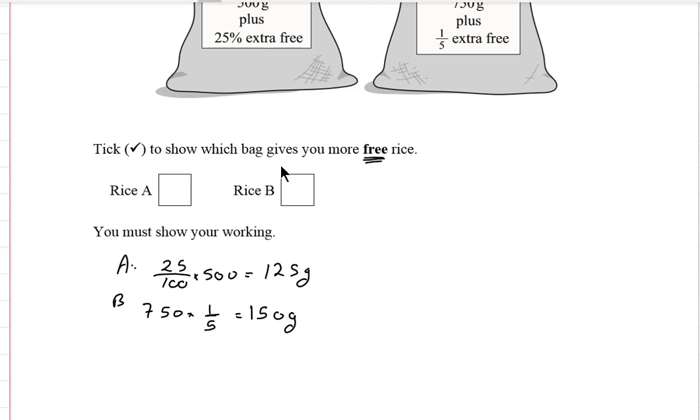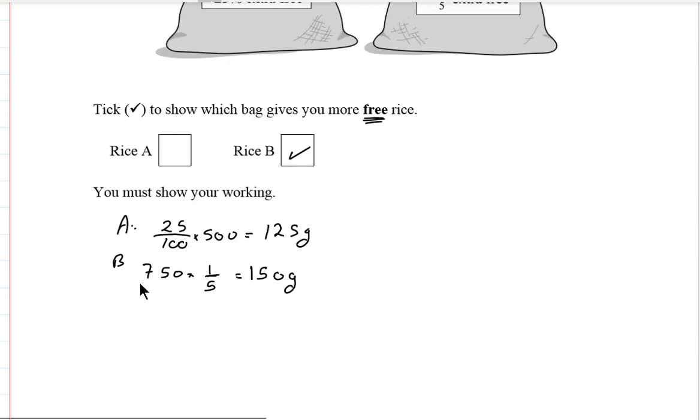So we can put a tick on rice B. Also, we can calculate 750 divided by 5 another way, by splitting it into two quantities, 500 and 250, and dividing by 5. 500 over 5 is easily 100, and 250 over 5 is 50, so the answer is 150 as we see here.